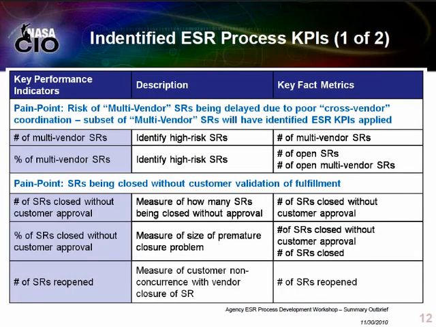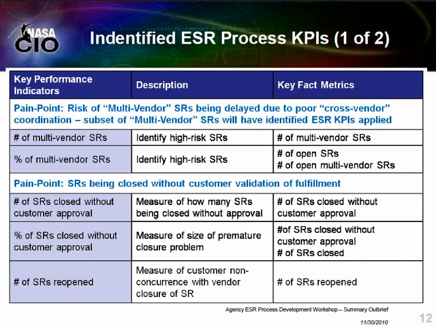Some of the key performance indicators, which are really important, we identified the top ones, if you will. Again, these are performance measurements that are key to the success of any new process, and absolutely key to make sure that the process is being adhered to and is the proper process.